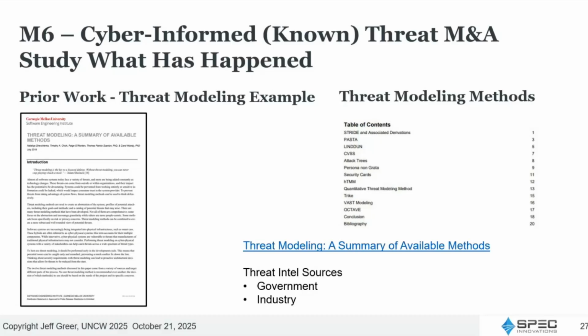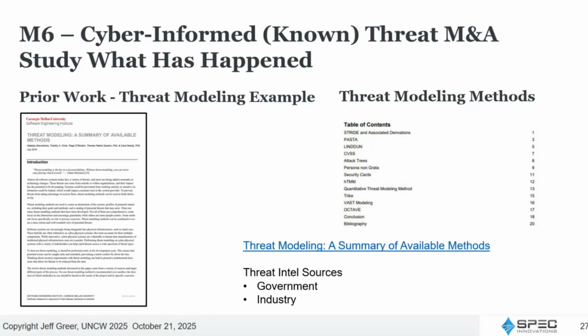They have one paper out there, threat modeling, a summary of available methods. So, there's STRIDE, spoofing, just each one of those letters means something. PASTA, Linden, CVSS, attack trees. There's a number of different threat modeling approaches.